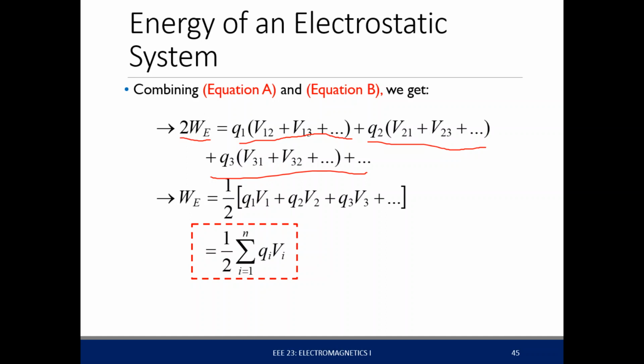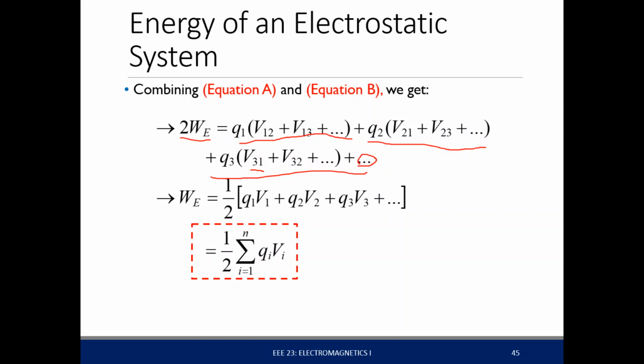So the charge Q1 is multiplied by the potential due to other charges, plus Q2 times the potential due to other charges, Q3 times the sum of the potential of the other charges, and so on and so forth.